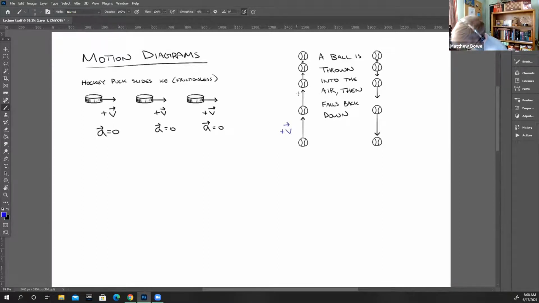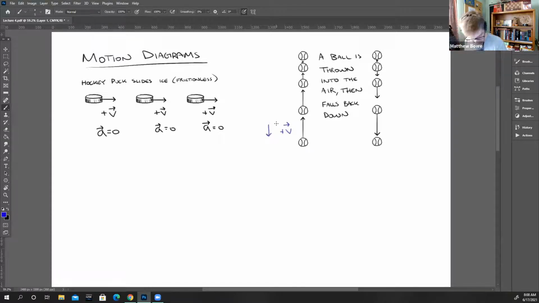So let me fill that in. Actually, I'll do each step at a time. While it's down here, it's being affected by gravity. There is this acceleration that opposes this direction of velocity. That is gravity accelerating downward.